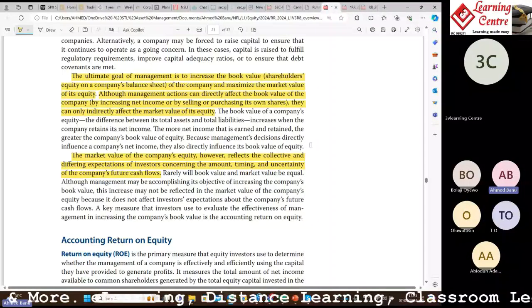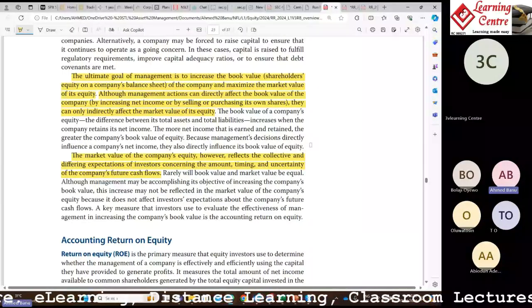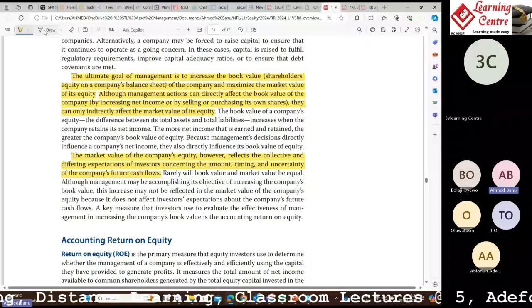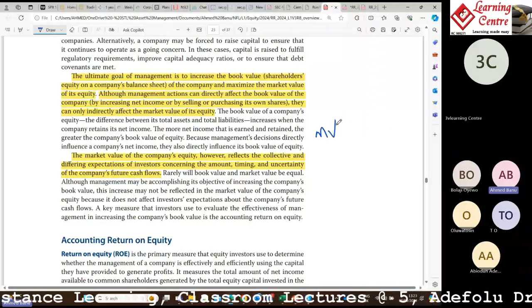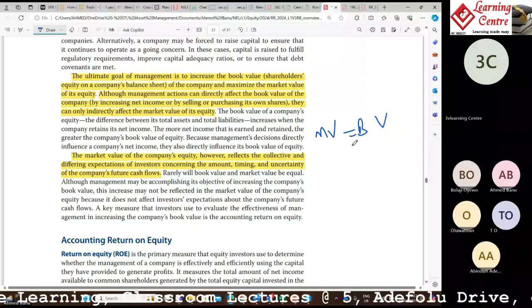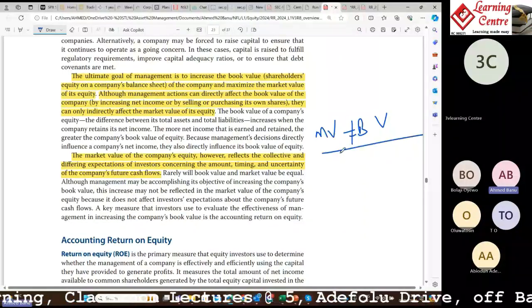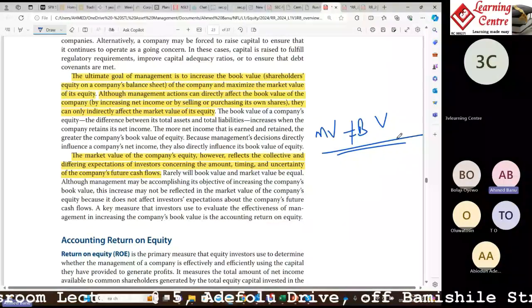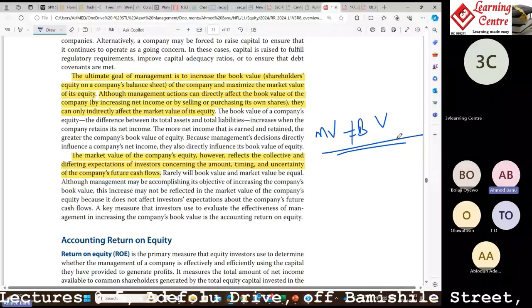Rarely will book value be equal to market value. It should be equal. Market value should be equal to book value, but most of the time it is not, and it will rarely be.